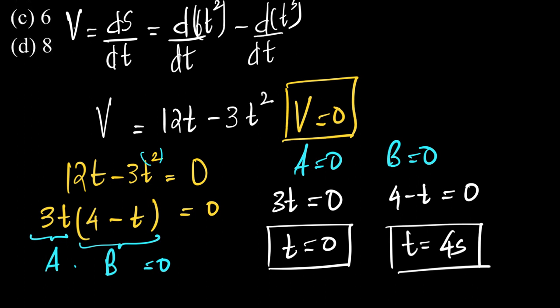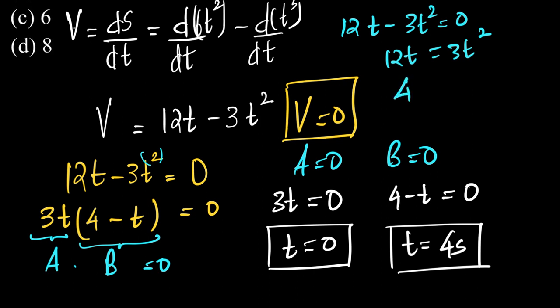Let me just explain the point once again. If 12t minus 3t square is equal to 0, and you take this equation as 12t is equal to 3t square, then say 4 is equal to t, essentially you are reducing the number of solutions to 1.